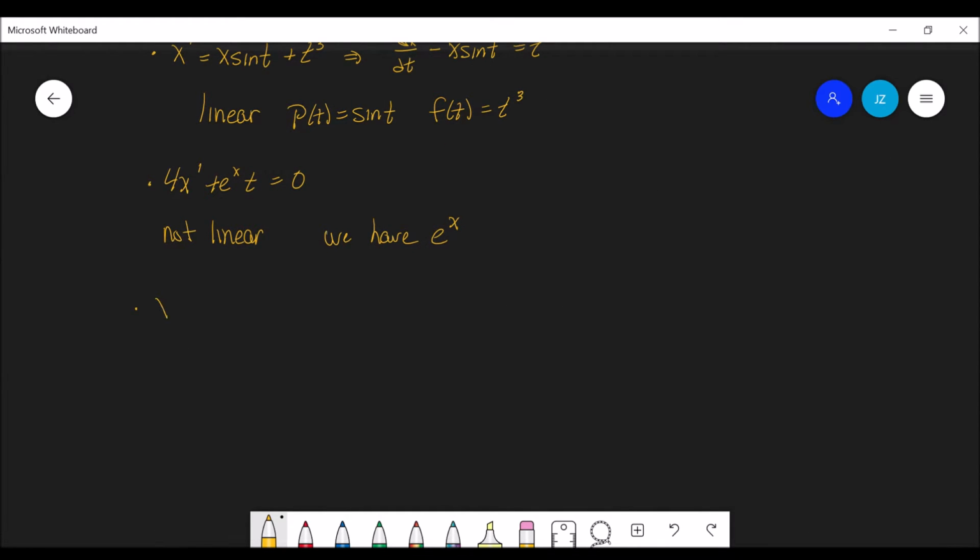Finally, x prime is equal to 2t. Again, this is clearly not linear, because the coefficient of dx dt is x.